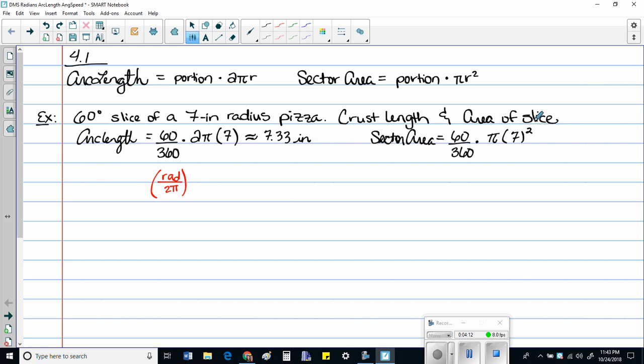I'm just going to do it again, type it again. 60 over 360 times pi times 7 squared. And I get about 25.66. And then this is inches, but it's area, so it's inches squared.